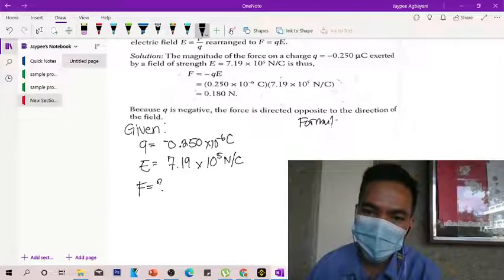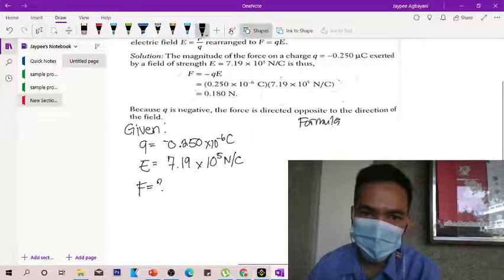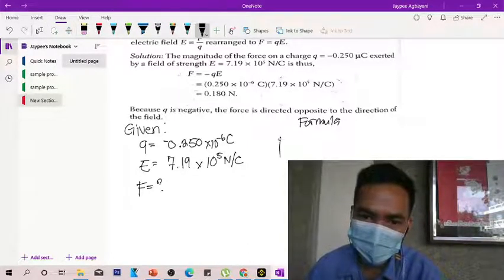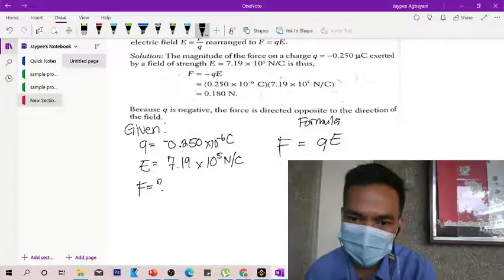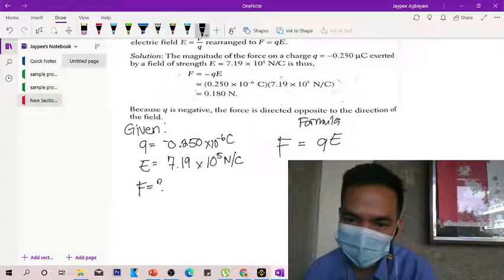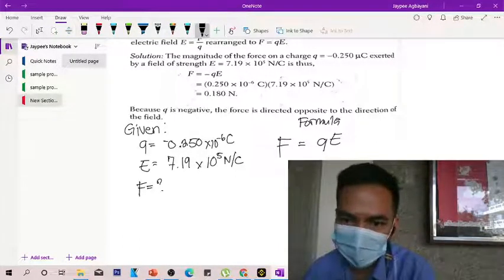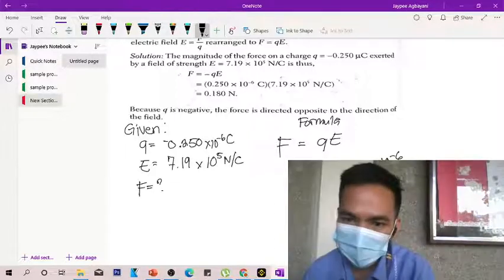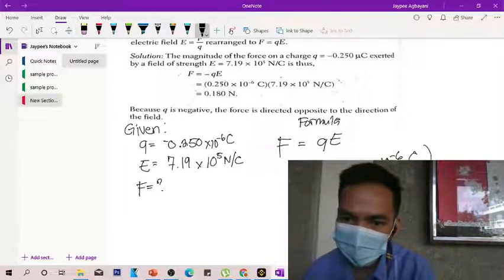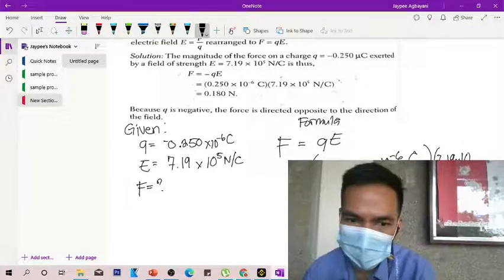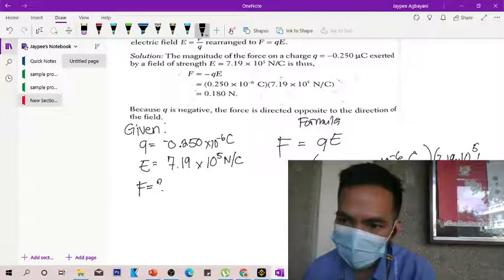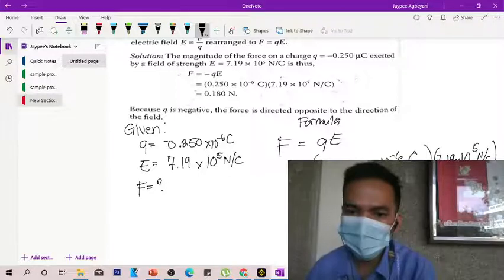So, the formula is simply F is equal to QE. Substitute: negative 0.250 times 10 raised to negative 6 coulomb times 7.19 times 10 raised to 5 Newton per coulomb.